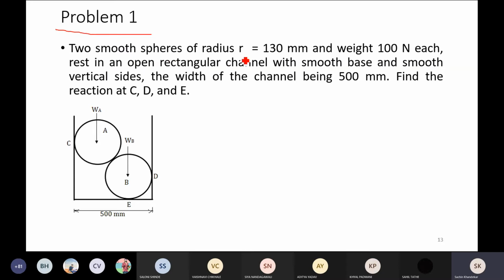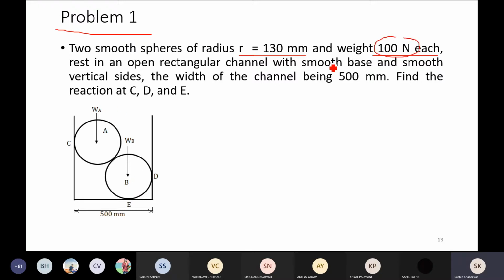Two smooth spheres of radius r equal to 130 millimeter. This is sphere A, whose radius is 130 millimeter, and this is sphere B. Its radius is also the same, 130 millimeter, and weight 100 Newton each. So the weight of sphere A and sphere B is the same, which is 100 Newton.